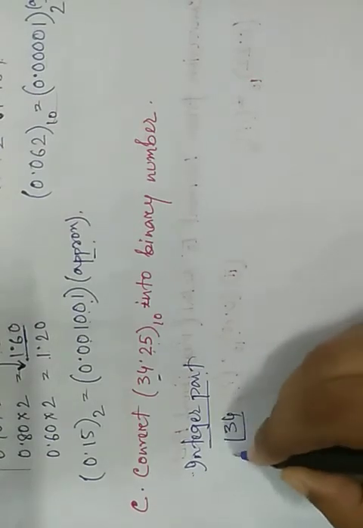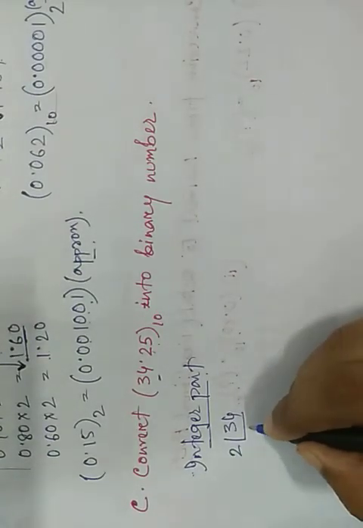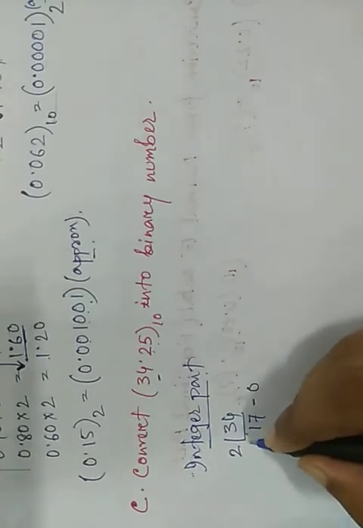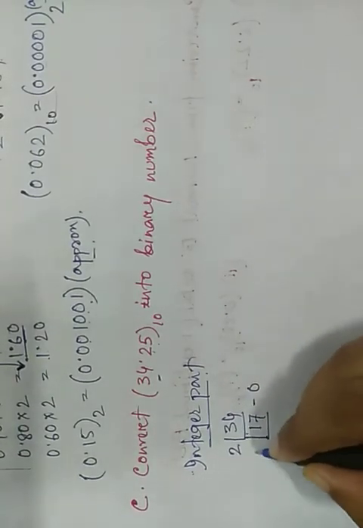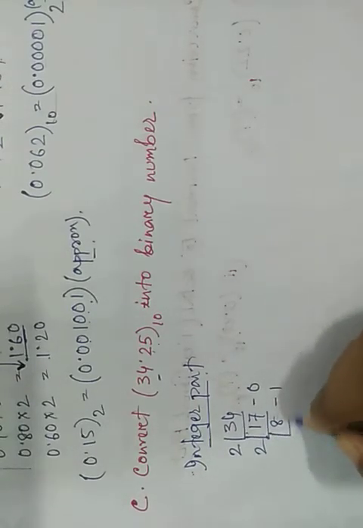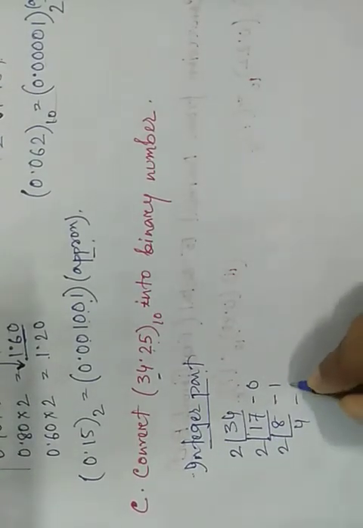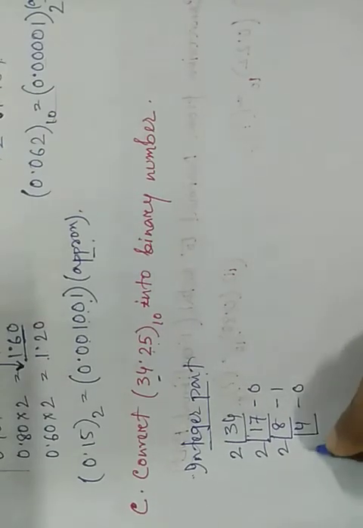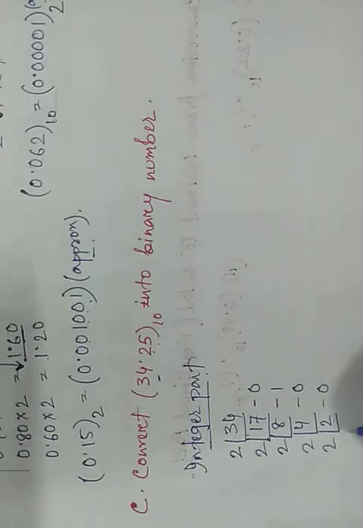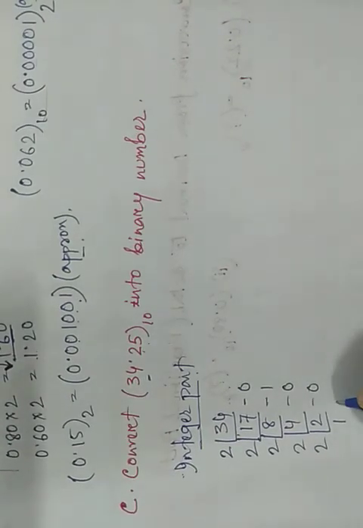So convert 34 by 2. 2 ones are 2, 2 seventeens are 34. Remainder 0. 2 eights are 16, remainder 1. 2 fours are 8, remainder 0. 2 twos are 4, remainder 0. 2 ones are 2, remainder 0. 2 zeros are 0, remainder 1.